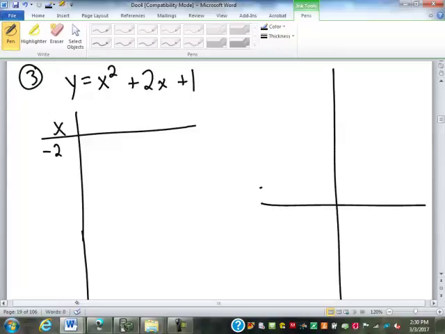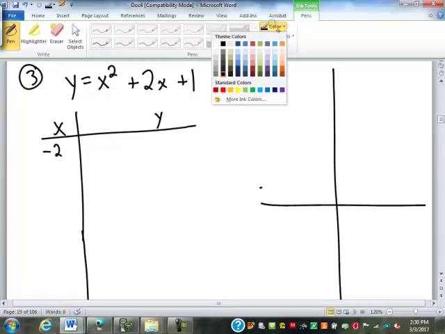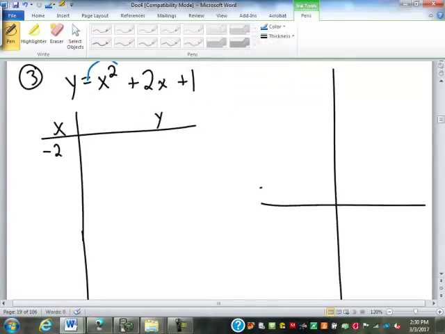You would need some extra paper to fill this out. Y is then going to be found by replacing x up here with -2. So y equals x squared becomes -2 squared plus 2 times x becomes 2 times -2 plus 1.